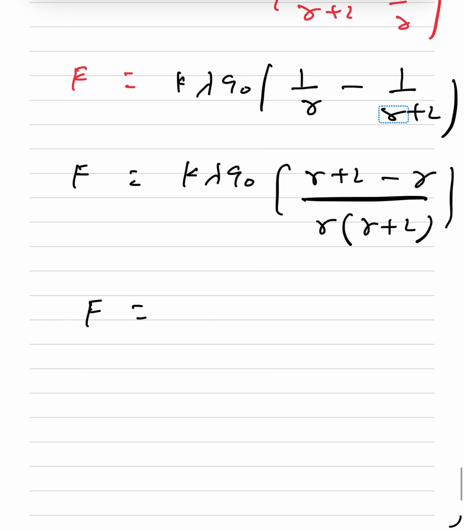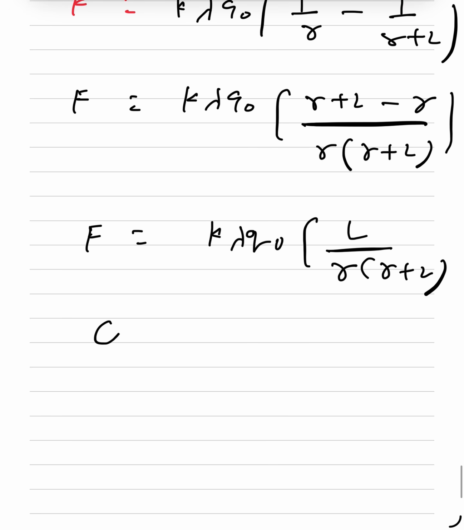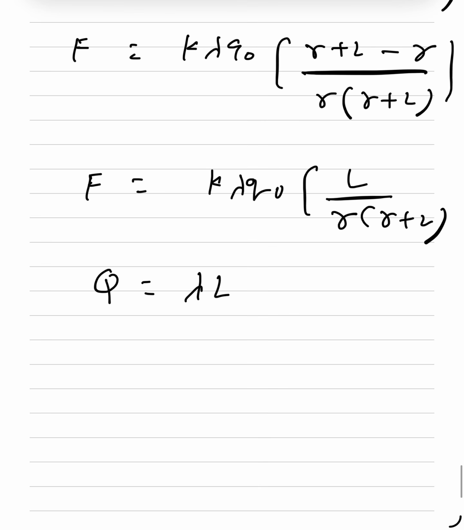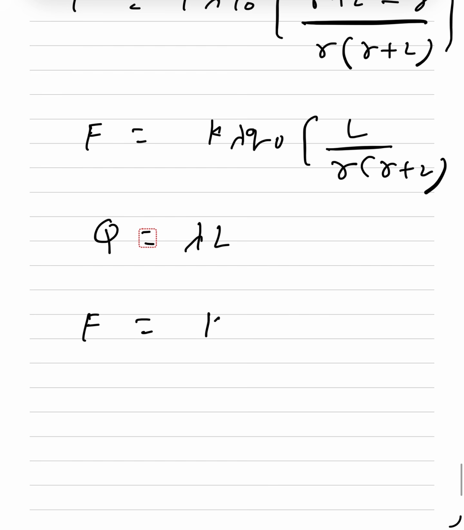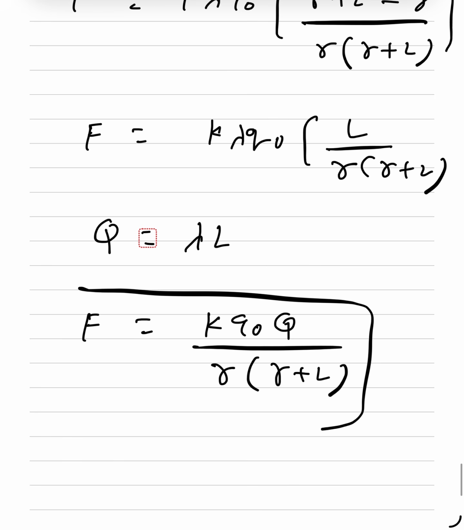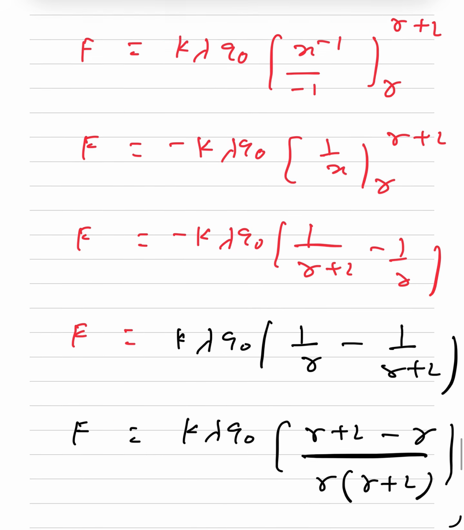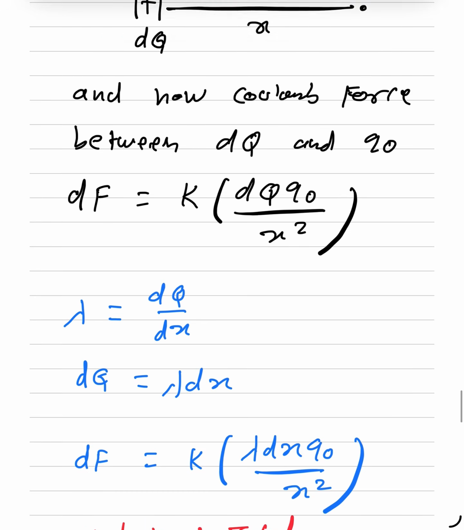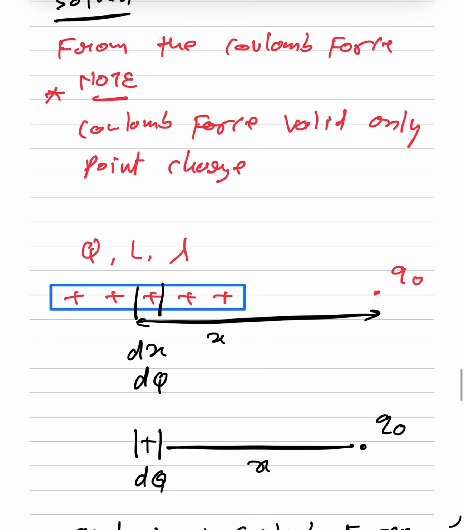The new formula of the Coulomb force is k lambda q naught L divided by r times r plus L, right, and since Q equals lambda multiplied by L, it can be written as Coulomb force k q naught Q divided by r times r plus L. This is the value of the Coulomb force on the point charge as per the given diagram.